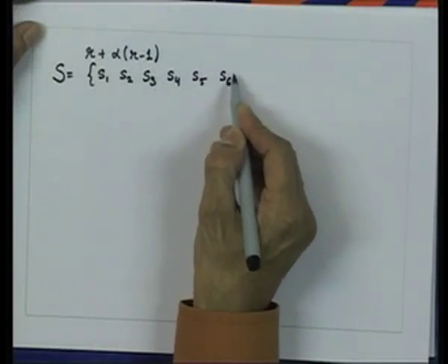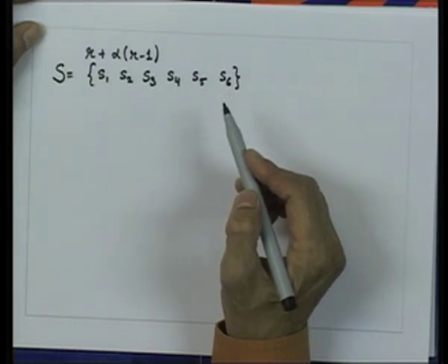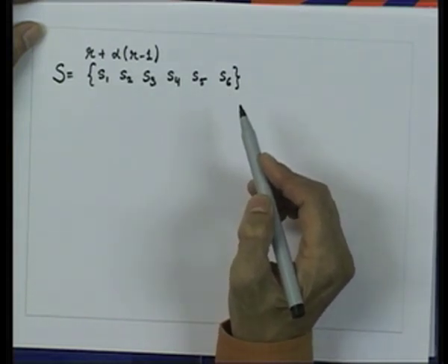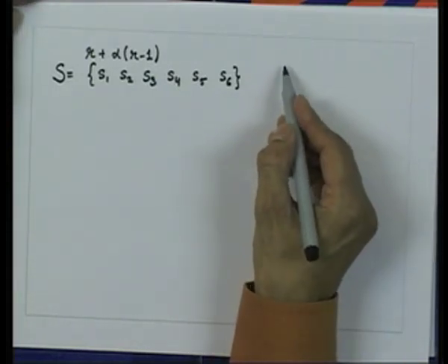Now, let us look at that procedure with the aid of an illustration. Let us say that I have a source consisting of 6 symbols. So, S is given by S1, S2, S3, S4, S5 and S6, and I need to find out a code which is a Huffman code, and the code alphabet is ternary.